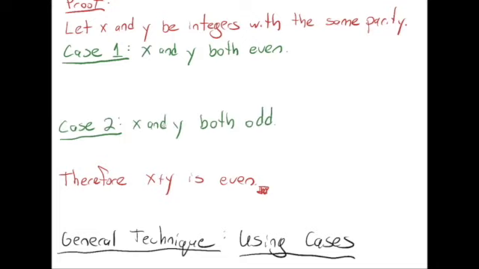And then there's another case that we might have to consider, which is what happens if X and Y are both odd. That exhausts all the possibilities, right? There might be 3, 4 cases that you need to consider in some proofs. If you get to a proof where you're considering like 10 different cases, that might not be the best way to do it. But if you've got 2 or 3 or maybe just 4 cases, this might be not too bad.